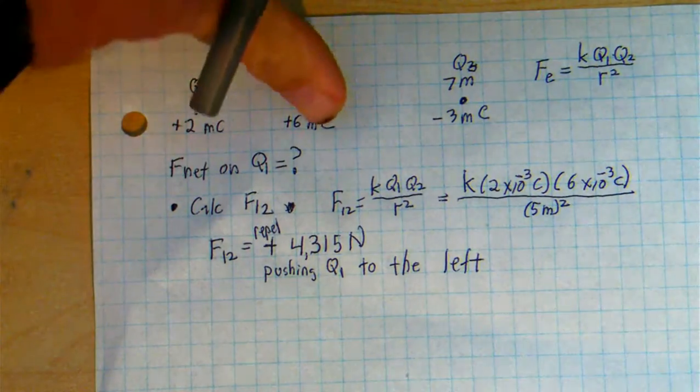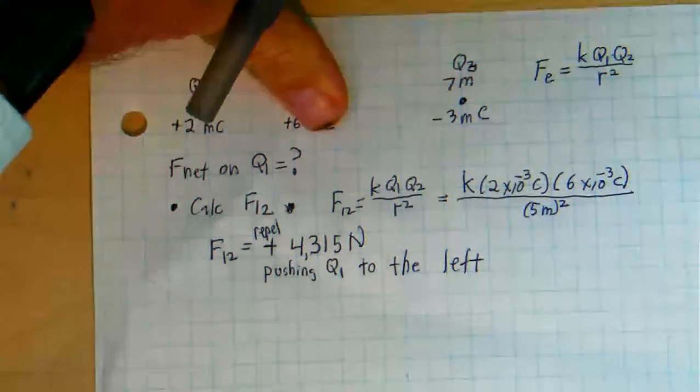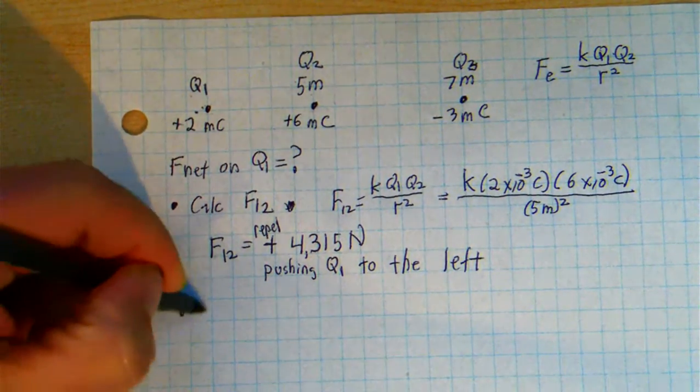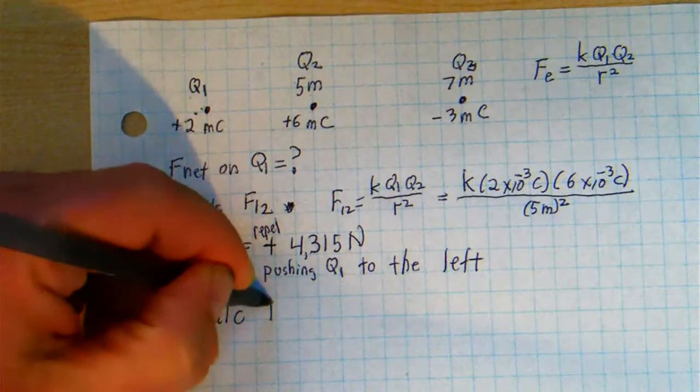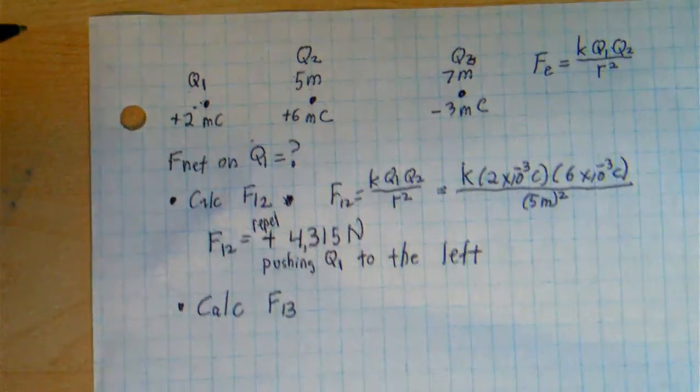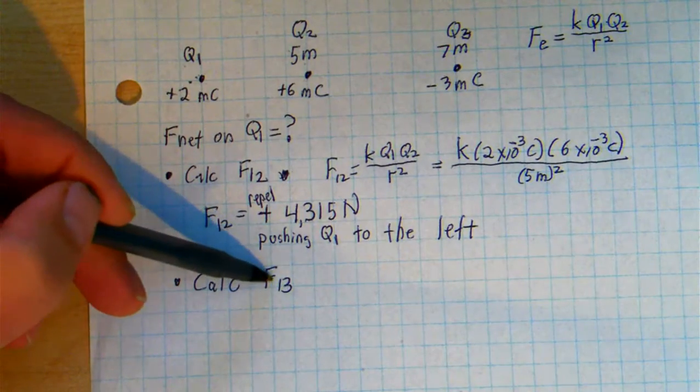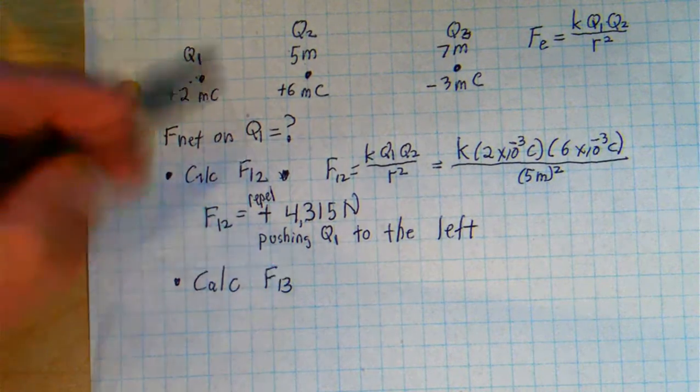Now I shut off Q2 and I turn on Q3. So calculate F13, meaning the force of electrical attraction between charge Q1 and charge Q3.